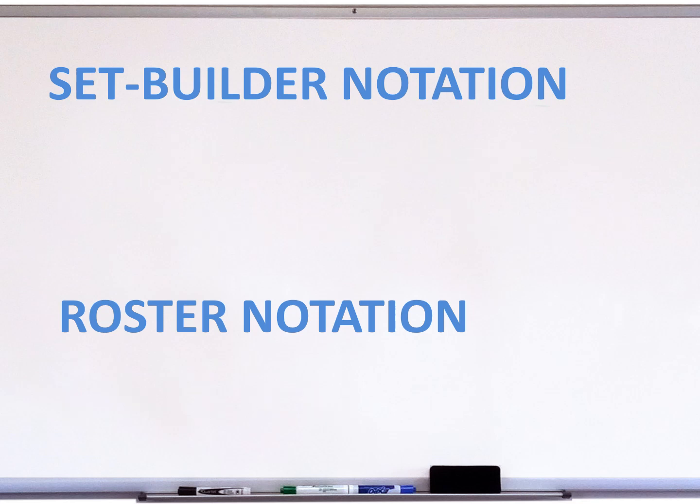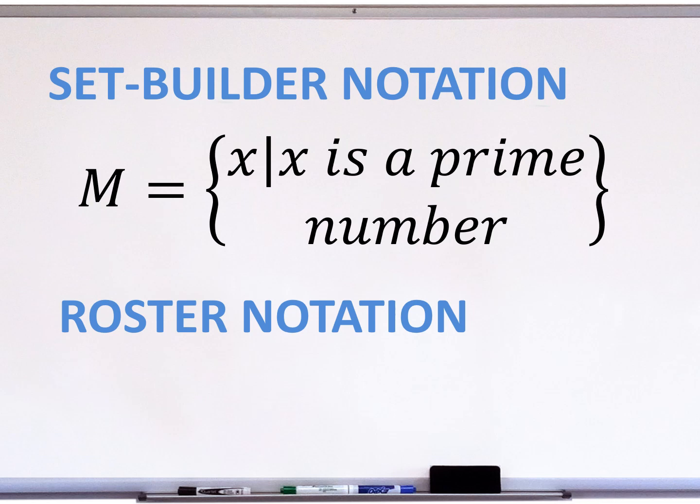How about this example? Once again, you are given a set in set builder notation, and we are going to transform that set into roster notation. You're given set M here, read as M is the set of x such that x is a prime number. Please take note that a prime number is a number whose factors are only itself and 1.